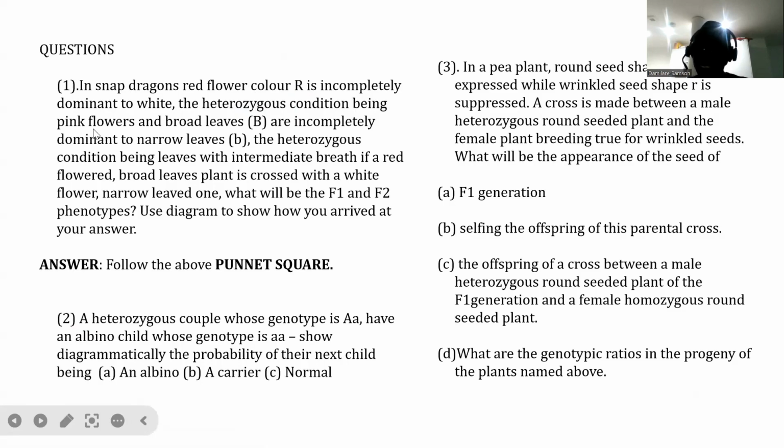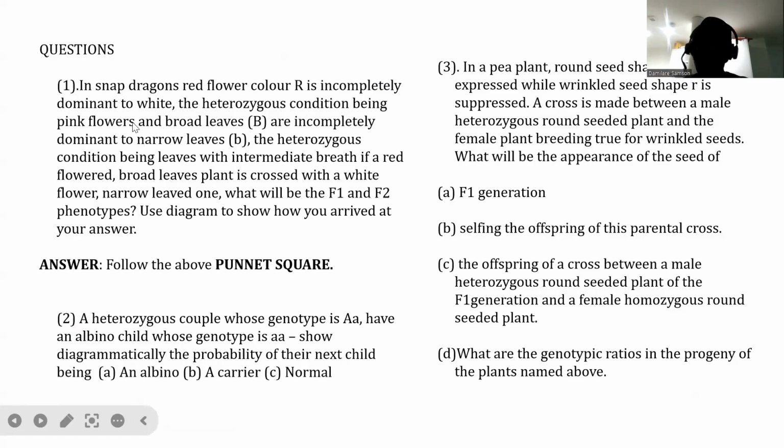It is no more red again. It is now a new color. Which means after crossing, you will now be seeing red, white, and pink color. And broadleaf capital letter B. Now, they first explain the first one. They said red flower incompletely dominates white flower.